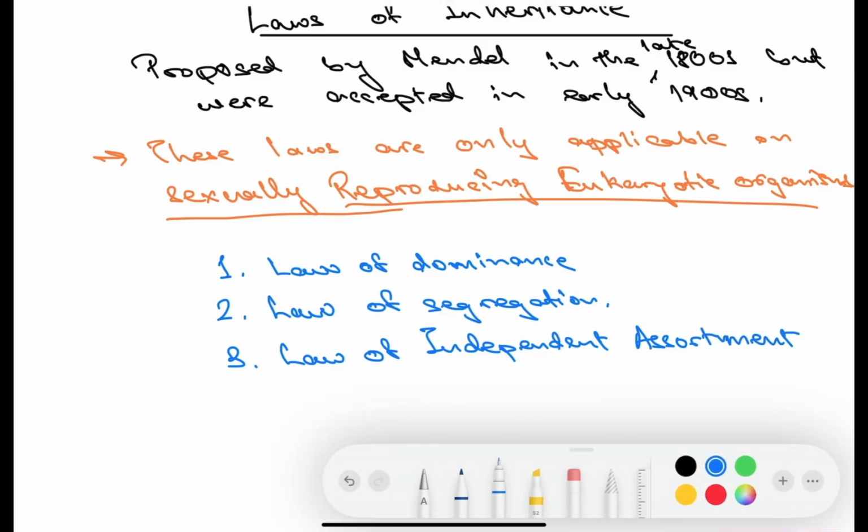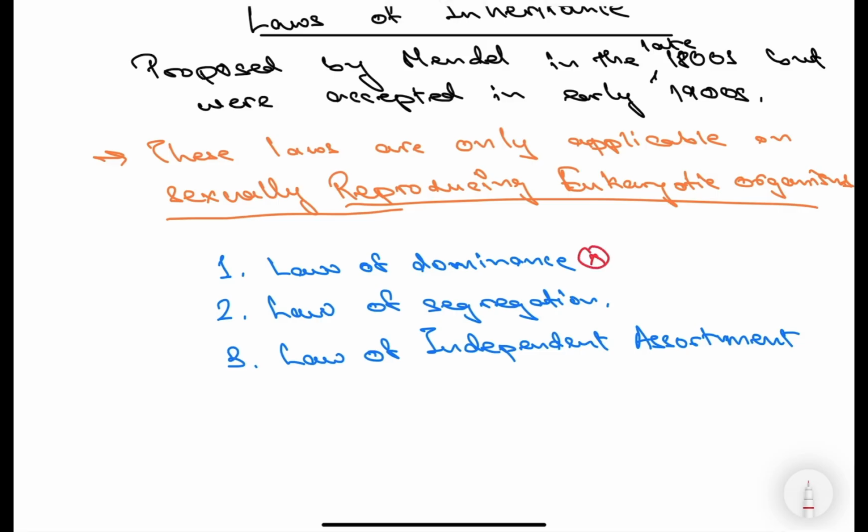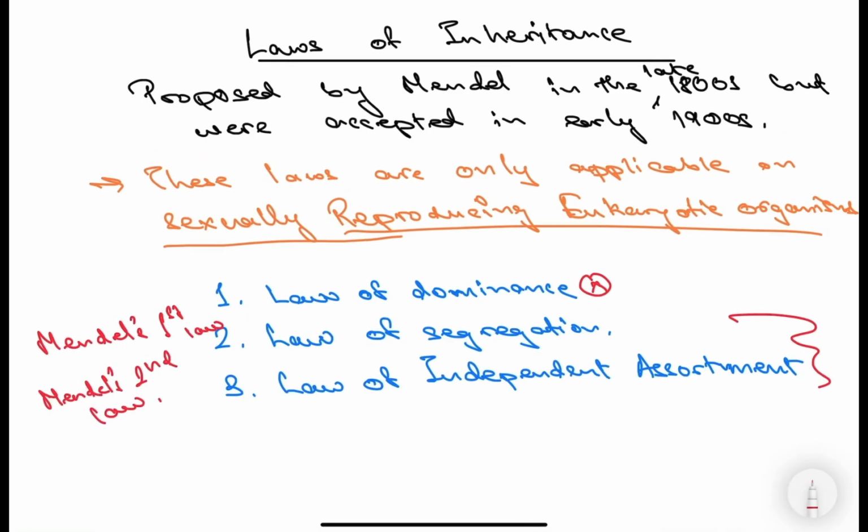But later this was not accepted, and now we have only two laws. This can be considered Mendel's first law, and this is Mendel's second law. We will learn about them in detail in the next class.